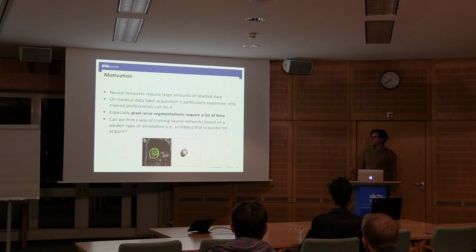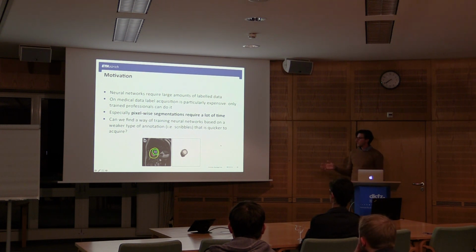But especially when working with medical data, it's very expensive to annotate, because only medically trained professionals can do it. And especially for pixel-wise segmentations, it takes those doctors a very long time that they could probably be spending on something better.